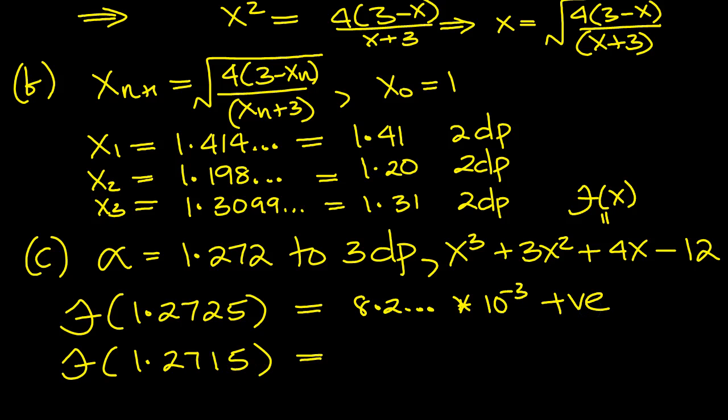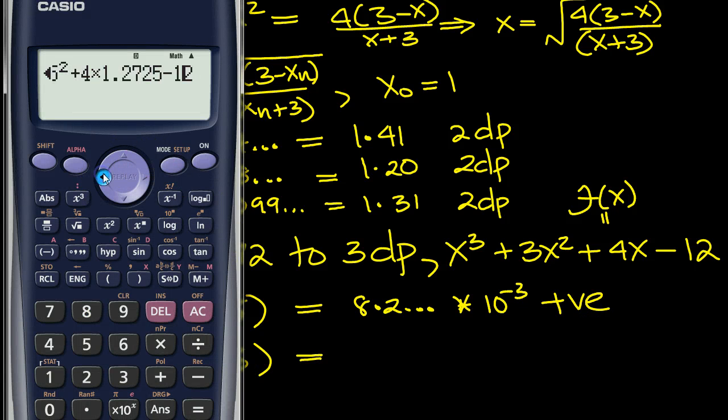Now all we need to do here is go back in the calculator and change the 2725 to 2715. Put a 1 in there then. Just toggle along as quickly as possible, of course, without making any mistakes.